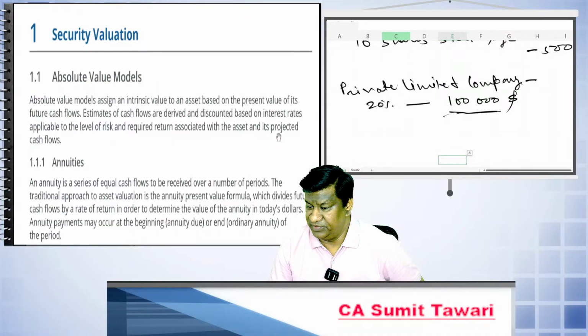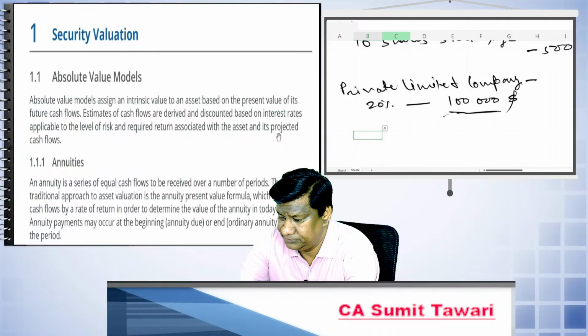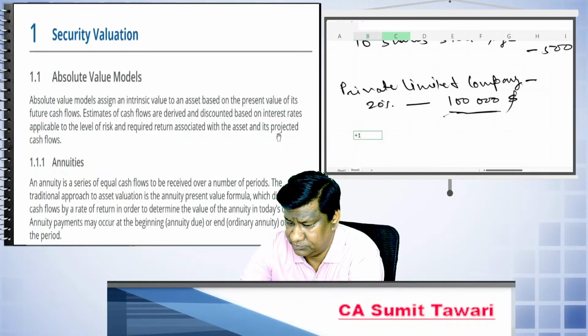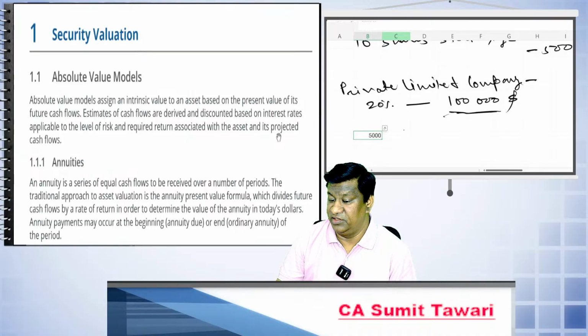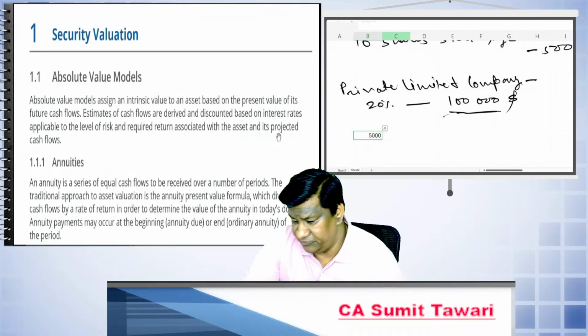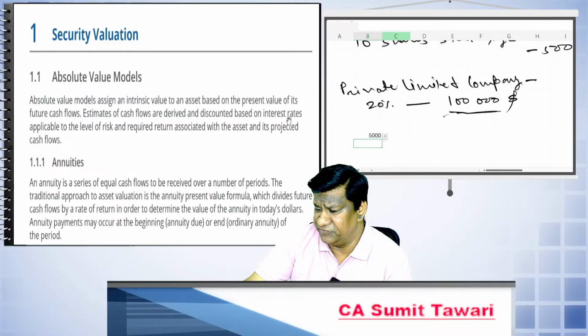Okay, so we go one by one. If this company gives you a dividend of, say, 5%, so 5% of 100,000 is 5,000, you will get the yearly dividend. Your objective is to maintain the investment for 3 years.